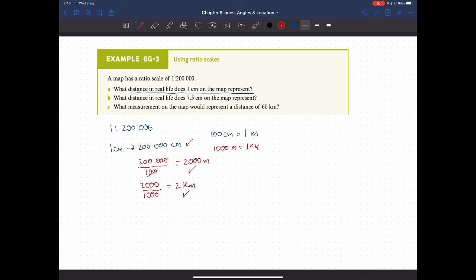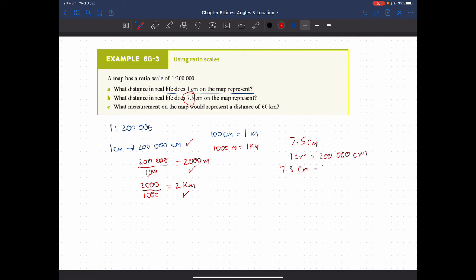Part B. What distance in real life does 7.5 centimeters represent? Okay, so if 1 centimeter is equal to 200,000 centimeters, I'm going to multiply my 1 by 7.5 to give me 7.5 centimeters.